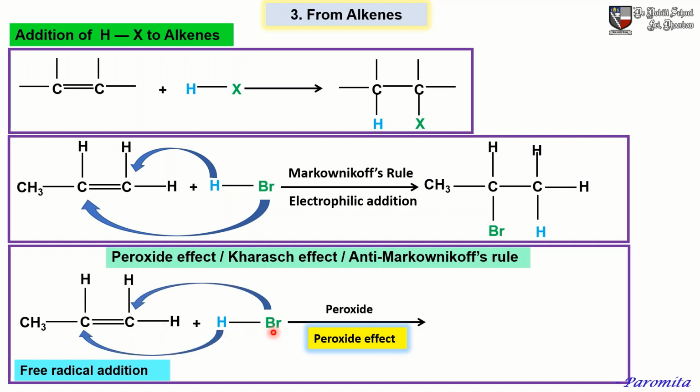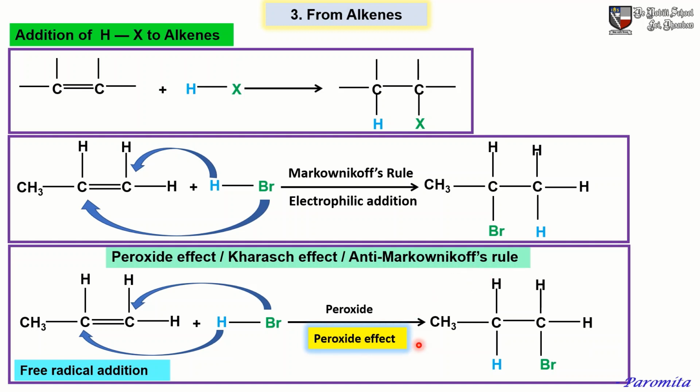So here this Br minus will go to this carbon and H will go to this carbon, resulting in the formation of 1-bromopropane. This is known as the peroxide effect or Kharash effect or anti-Markovnikov's rule.